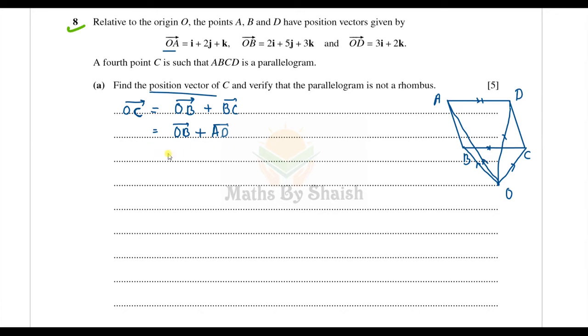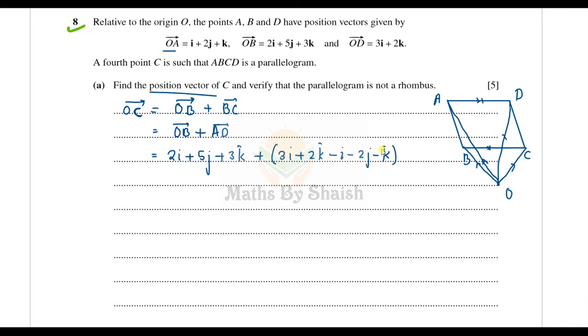So it can be written as OB, I am writing here, that is 2i cap plus 5j cap plus 3k cap, and plus AD vector, which is OD vector minus OA vector. So I am going to write 3i cap plus 2k cap minus i cap minus 2j cap minus k cap.